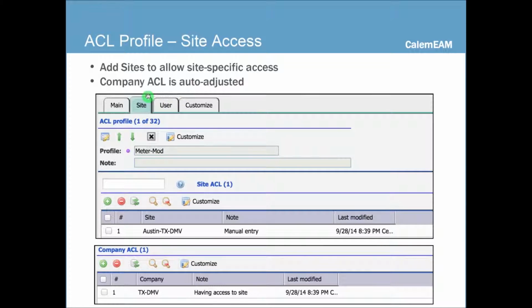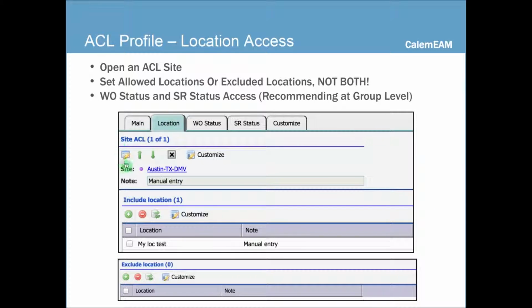Once the ACL Profile is created, you can then move on to define sites allowed for this ACL Profile. And the company ACL will be adjusted automatically based on the sites added for the ACL Profile. If you open up ACL site, you can manage locations to allow locations or to exclude locations for this ACL Profile.